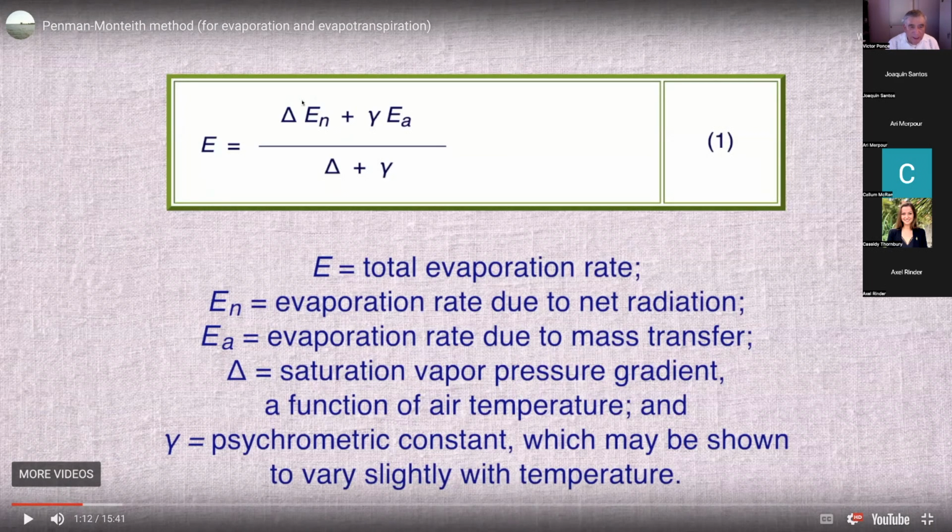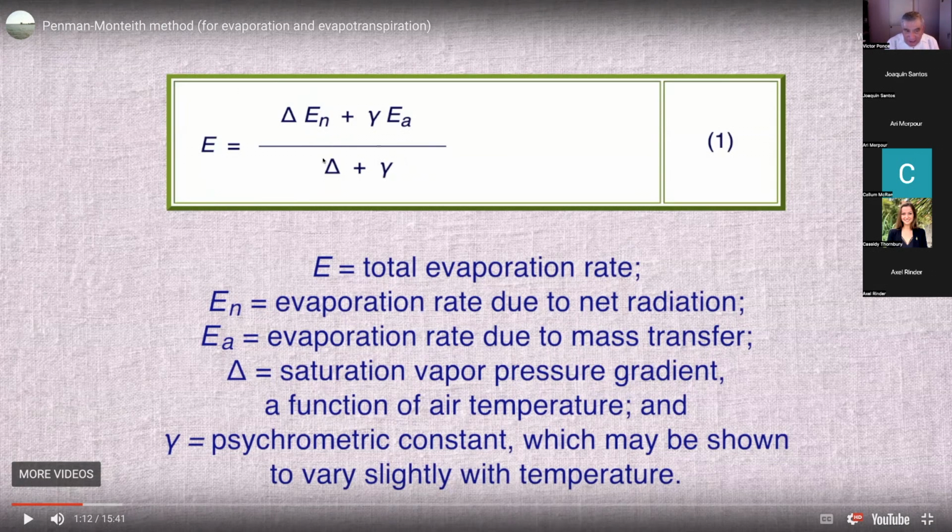Okay, here it is, the evaporation rate due to net radiation, and here's the mass transfer. And the weighting factors have delta and gamma, which are properly defined. That is the combination method of Penman. That's how he got famous.